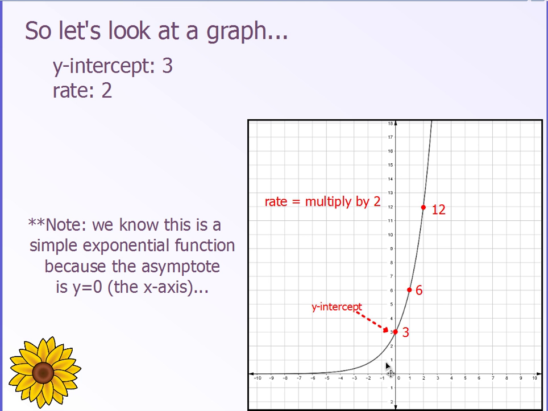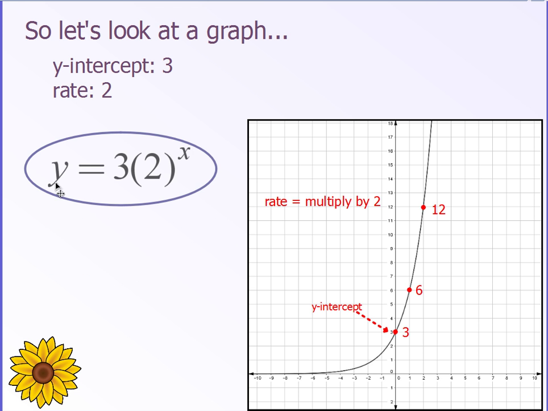And when your asymptote is on the x-axis, chances are you don't have a lot of transformation that's taken place. That's not always the case, but for today it will be. So then we can go ahead and write our exponential equation that represents this function, y equals 3 times 2 to the x power.